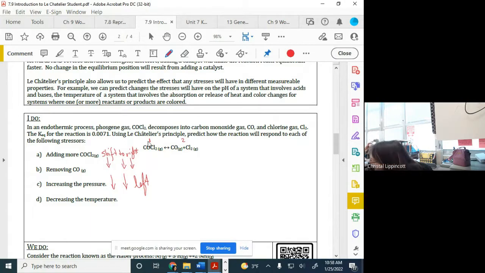Because if you have fewer moles, you're going to decrease the pressure. You get it? So when it takes some of this stuff and makes it into this, we've reduced the number of moles, and that's going to decrease the pressure some. Okay, everybody cool with all of that stuff before we get into temperature? Yes.